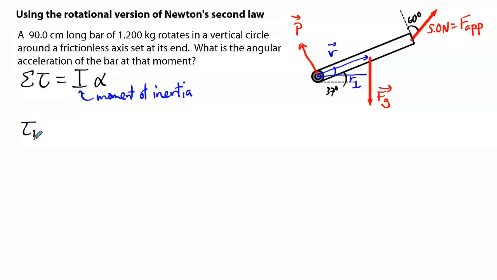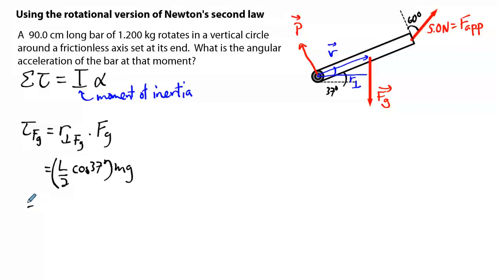So the torque due to Fg is R perpendicular times Fg itself. R perpendicular once again is L over 2 times the cosine of 37 degrees, and we multiply this by Fg, which is just mass times acceleration due to gravity.